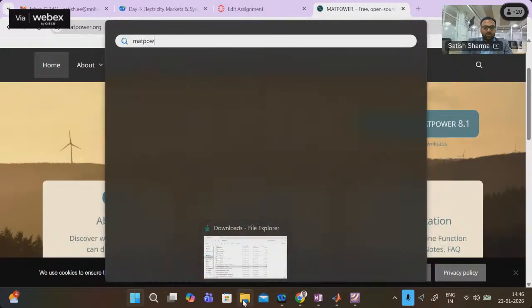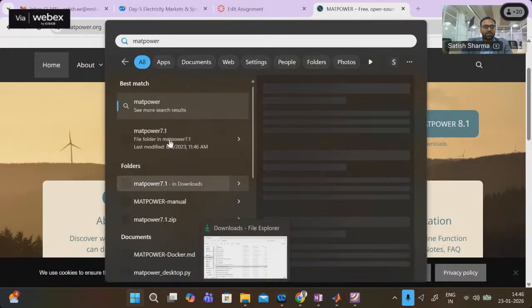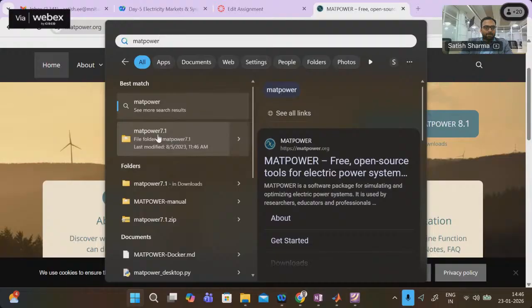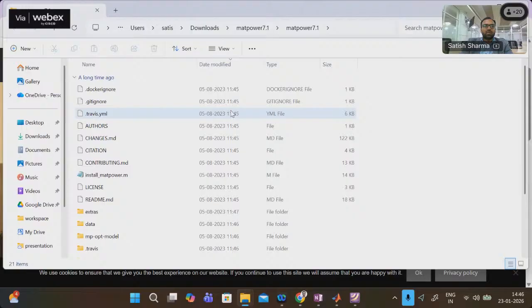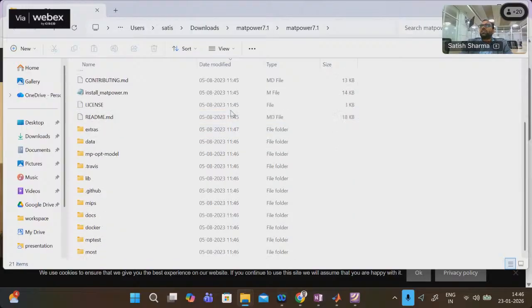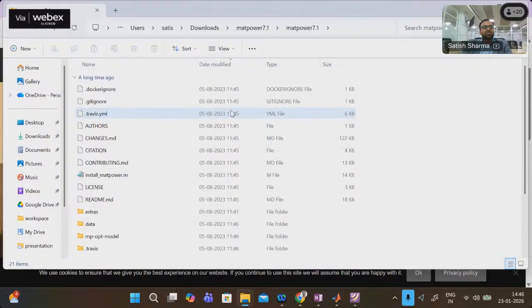So MatPower, if I search, yes, this is what is inside that particular download. Okay, so it is basically a piece of code only, and there is no executable file.